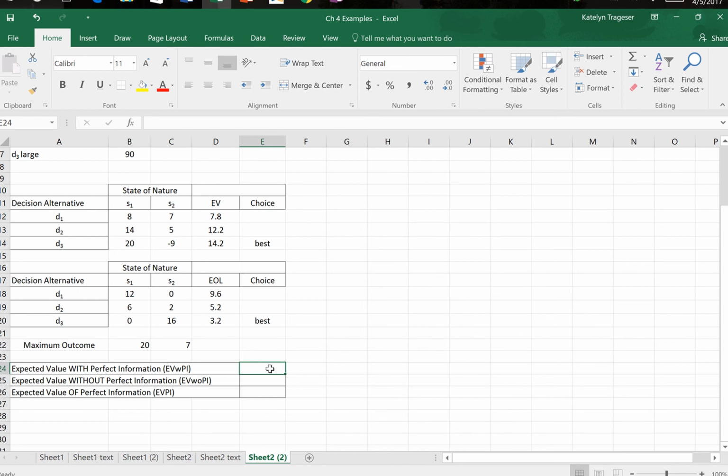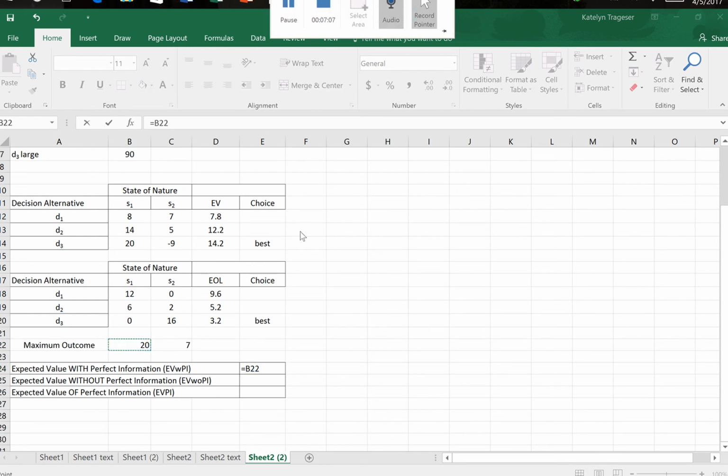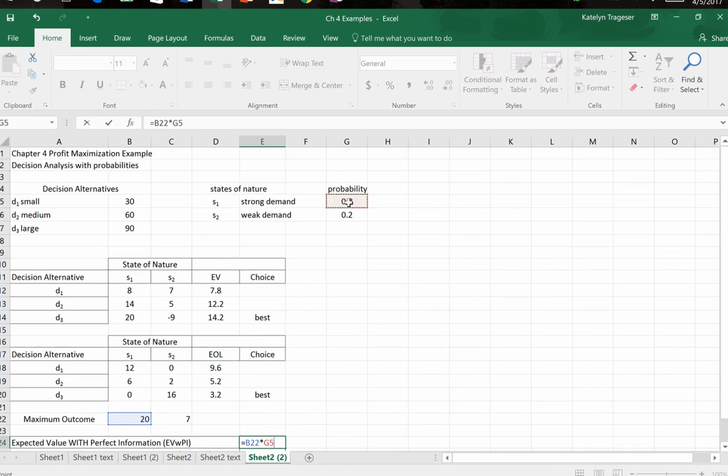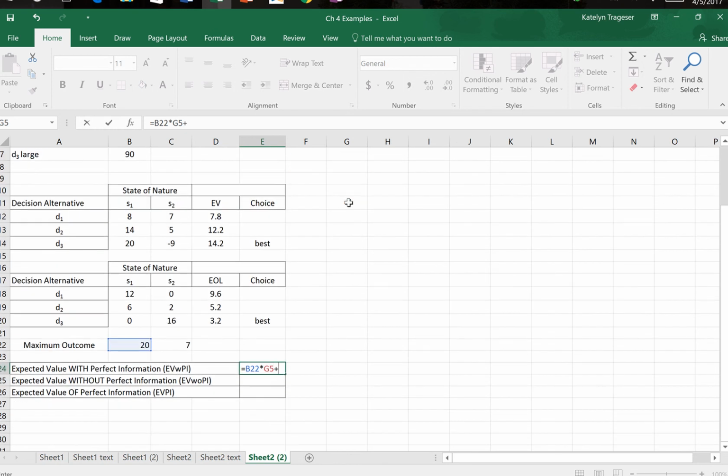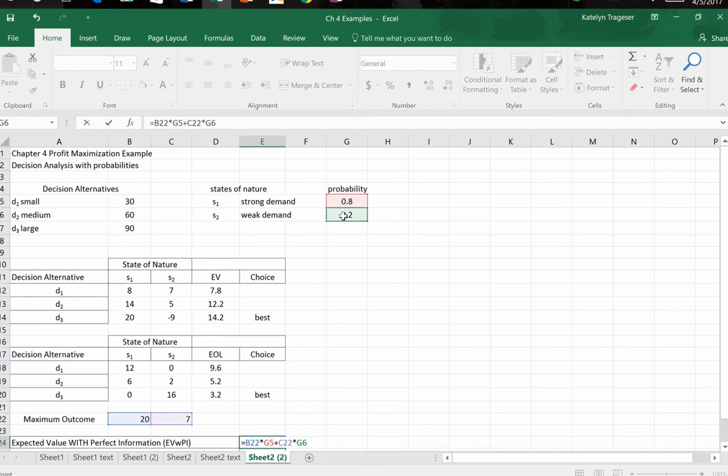First we need to calculate the expected value with perfect information. That's denoted by capital E, capital V, small w, capital P, capital I. Expected value with perfect information is equal to the max, B22, the 20 million, multiplied by the probability that we will have that, plus the max for state of nature 2 multiplied by its probability.